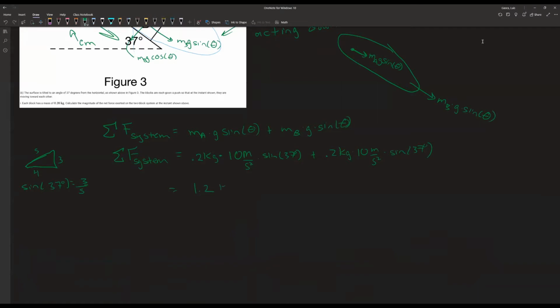So 2 kilogram meters per second squared plus 1.2 kilogram meters per second squared. Let me know what you get there. And so we get approximately 2.4 kilogram meters per second squared.